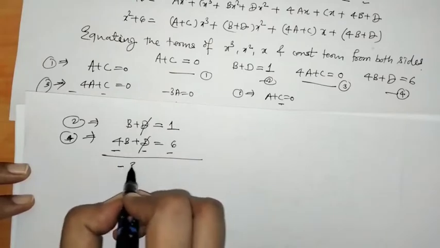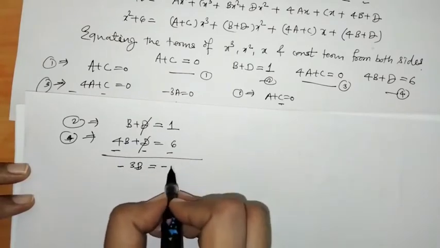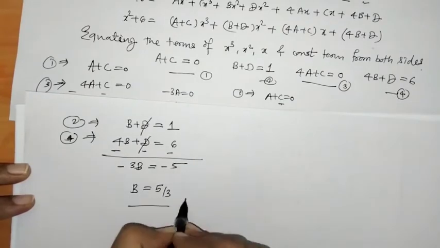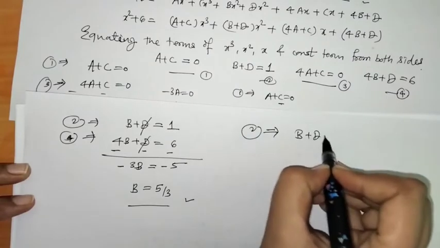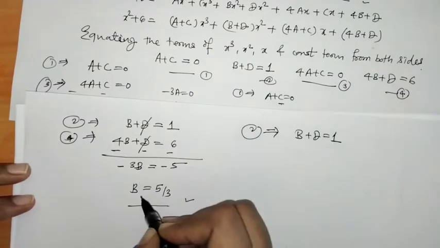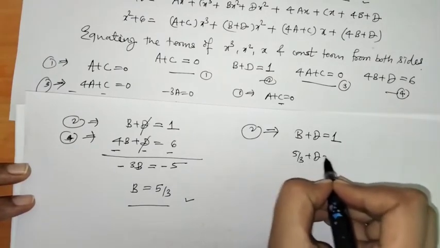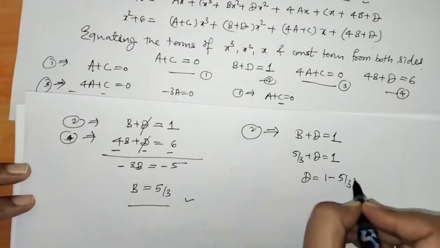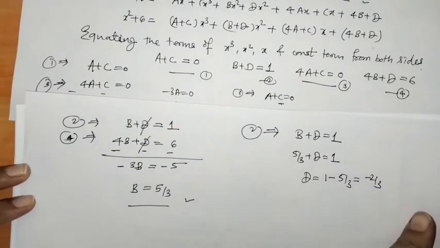Here we have minus 3b is equal to minus 5. So we got b is equal to 5 by 3, right? Now from the equation b plus d is equal to 1, we can find the value of d. So d is equal to 1 minus 5 by 3, which gives minus 2 by 3, right?